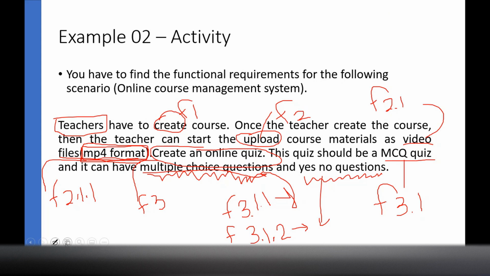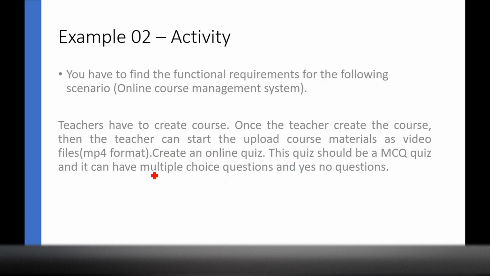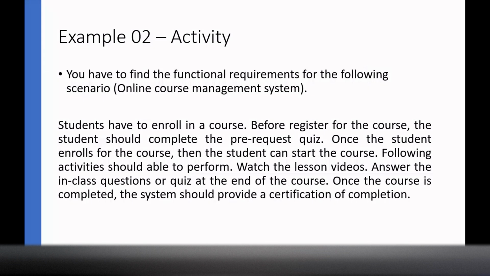Okay, we will move towards another example. This should be example number 3. Sorry, I'll give another 5 minutes for you. Try to understand the story and try to come up with the functional requirements.